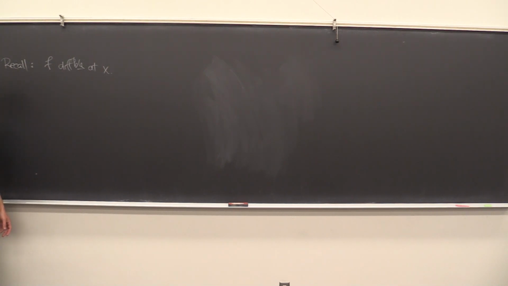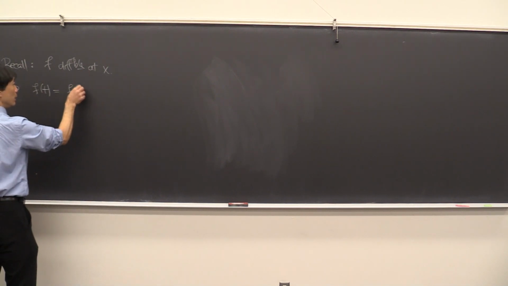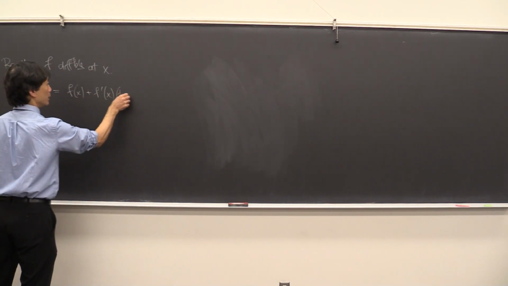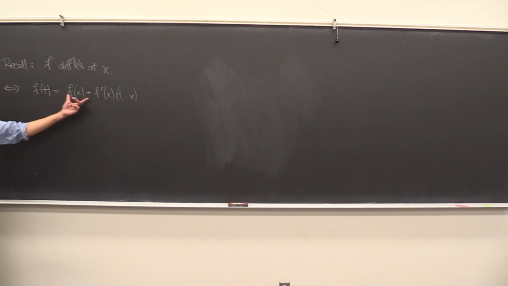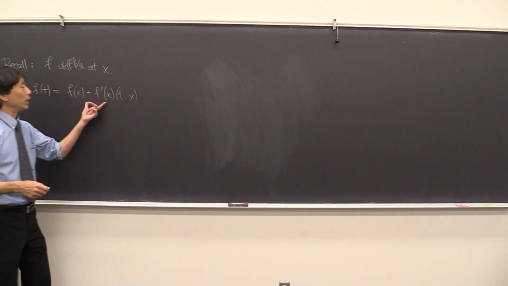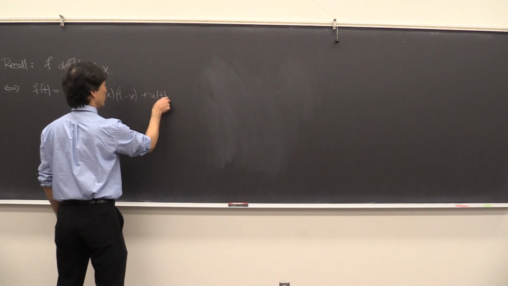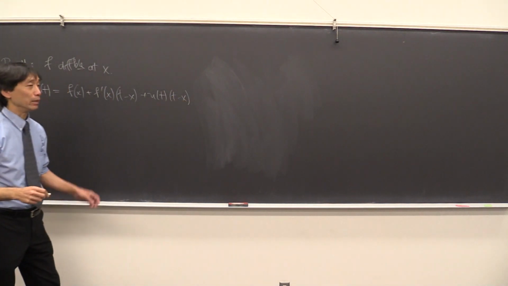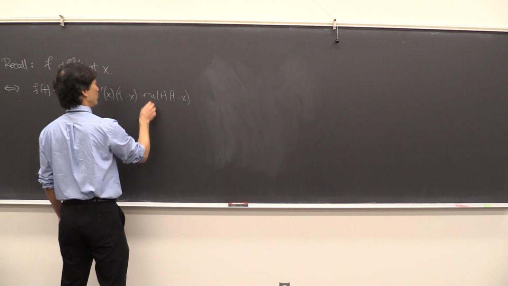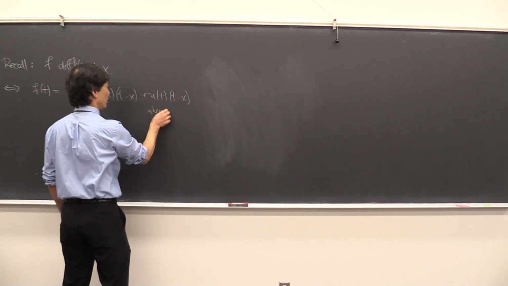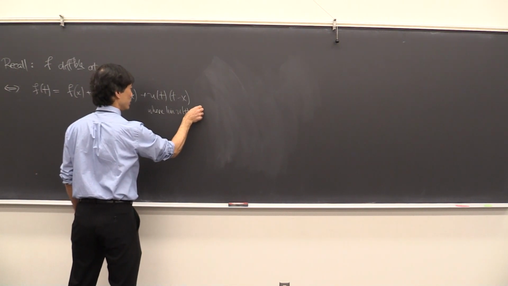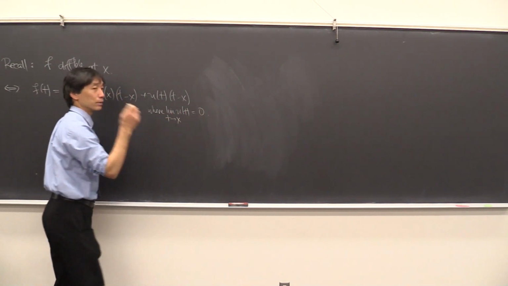The definition I'd like you to keep in mind is this one: being differentiable at x means that your function can be expressed as the tangent line, the linearization, plus this error term that vanishes, where the limit of u of t is 0 as t approaches x.